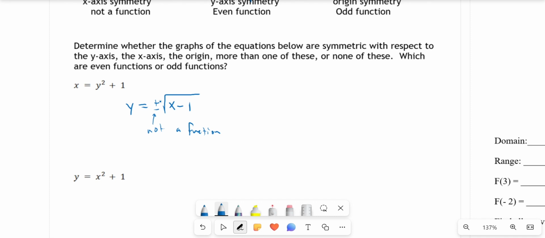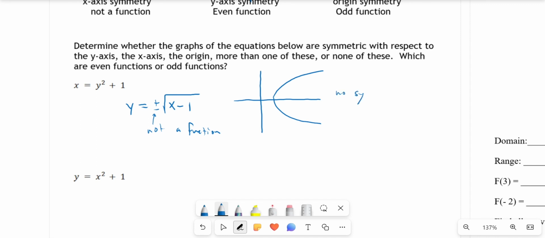And if I were to take a look at this, what would it look like? Well, it would look like the square root function, but right shifted, and it would look like positive and negative that. And notice that doesn't have 180 degree symmetry.